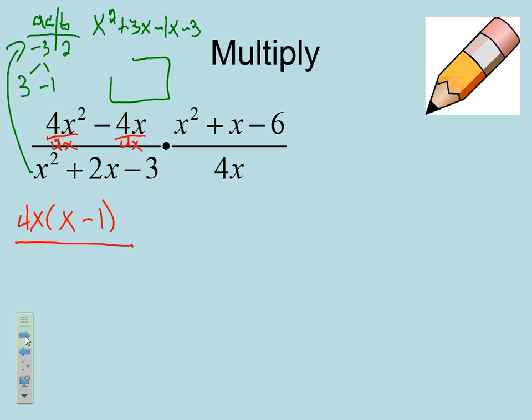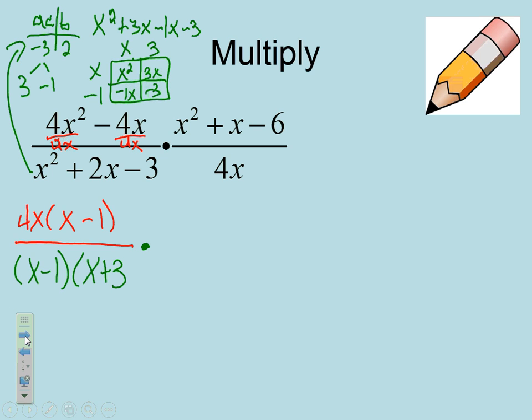Plug it into the box. X squared, 3x, negative 1x, negative 3. My greatest common factors here, negative 1, x, x, 3. So now on the bottom I can write x minus 1 and x plus 3.